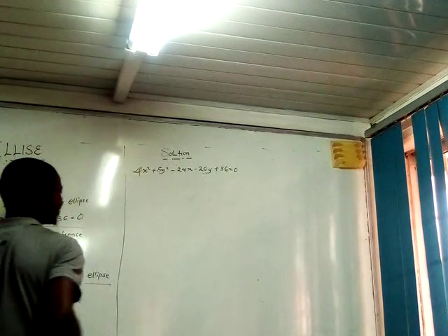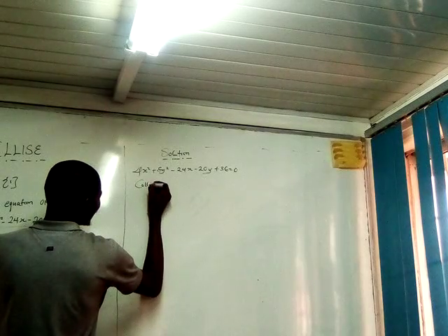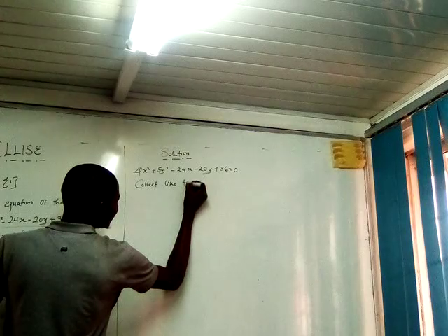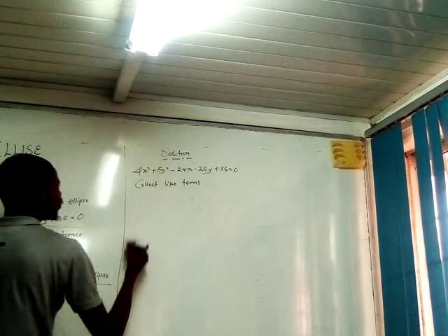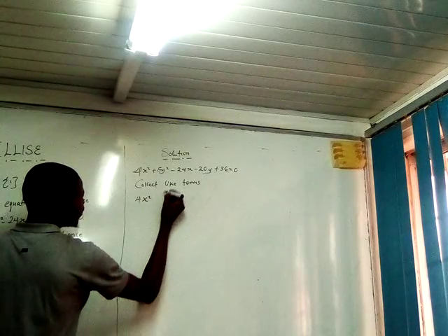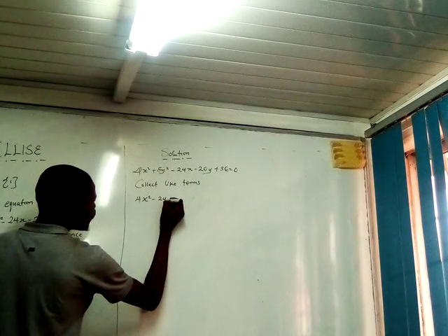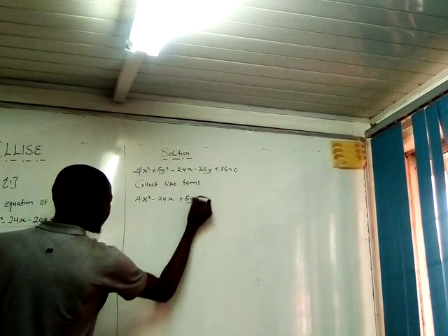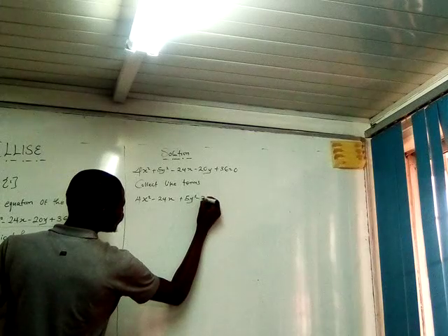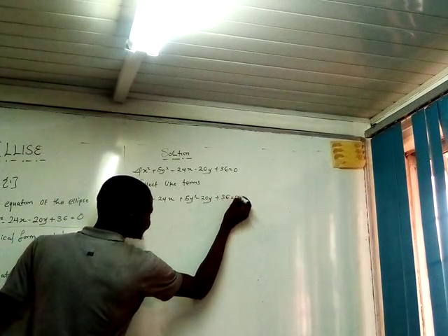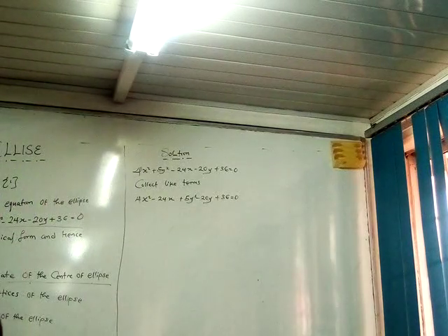Then we collect like terms, which we are going to have 4x squared minus 24x plus 5y squared minus 20y plus 36 equals 0.